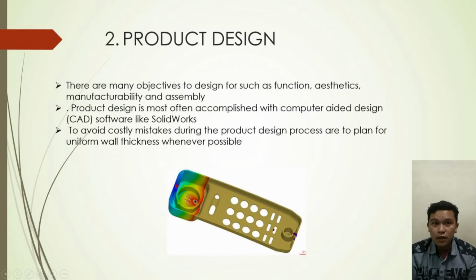Okay, I will tell you about product design. The most basic step in injection molding is the design of the product because it is the earliest opportunity to prevent expensive mistakes. There are many objectives to design such as function, accessibility, manufacturability and assembly. The right design is the one that accomplishes the required objective to a satisfactory level, which requires a lot of creativity to get there.